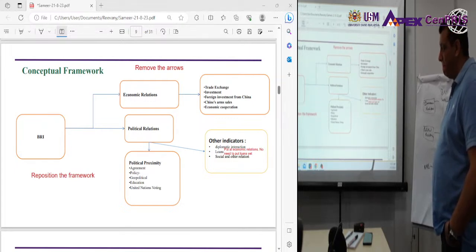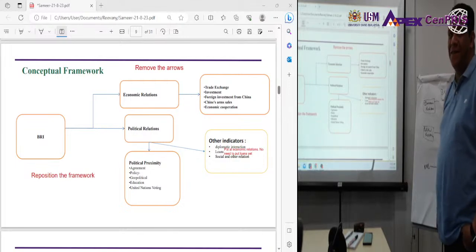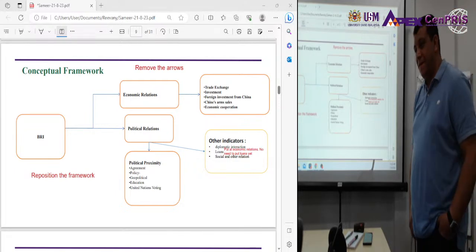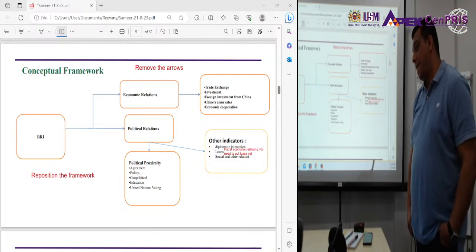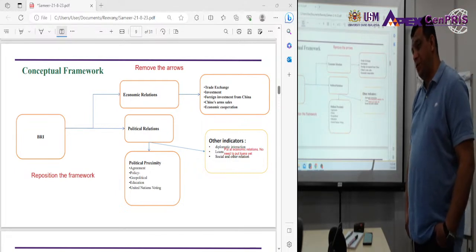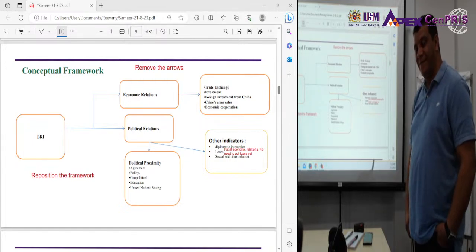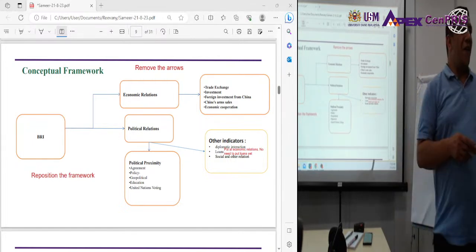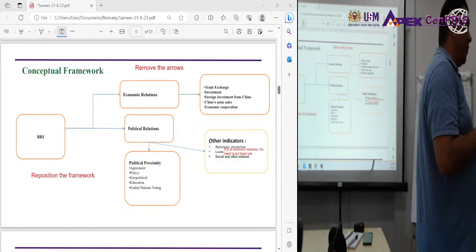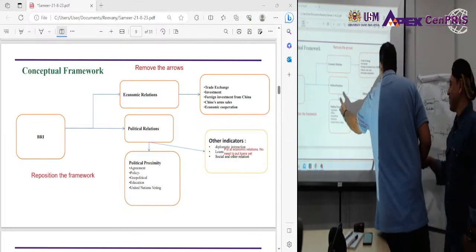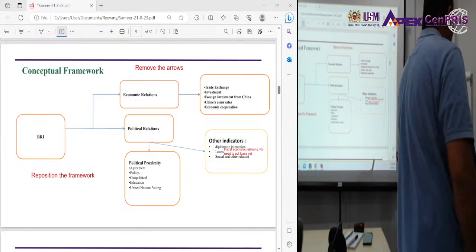What's the definition of political proximity? The closeness of, those are the indicators. I mean, the relationship between it and the political relations. In the past, the political proximity was part of it.